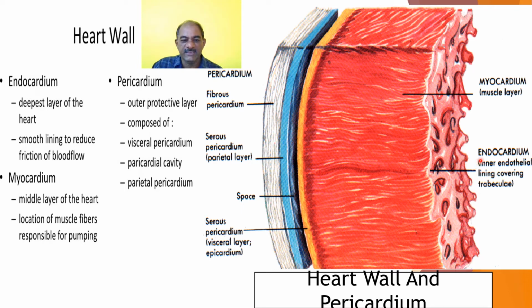In this way, that is the heart wall. Pericardium is the outer protective layer, composed of visceral and parietal pericardium, with pericardial cavity and pericardial fluid, which acts as a shock absorber.